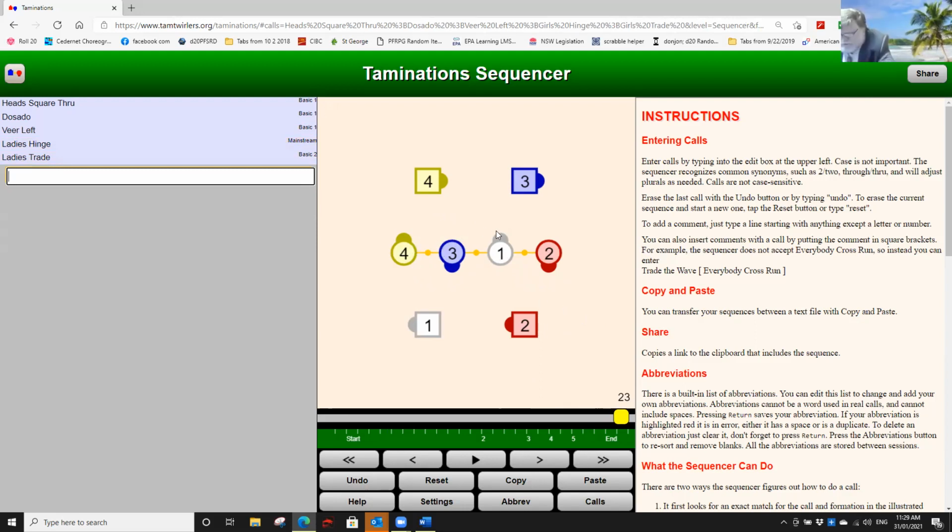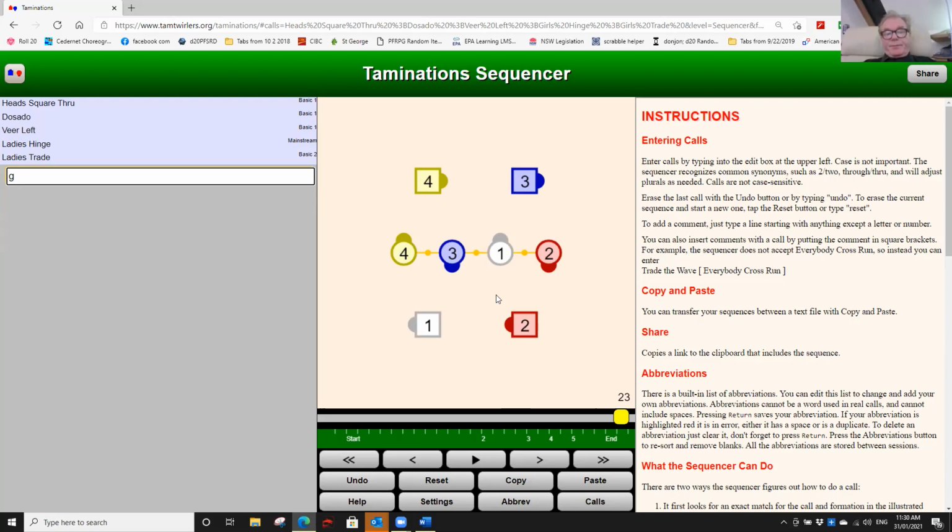It's 4, 3, 2, 1. You've got to remember to skip because they're facing boxes. So 3 and 2, 3 and 4 face, 4, 1. Sorry, 4, 3, 2, 1. Yeah, that's it.